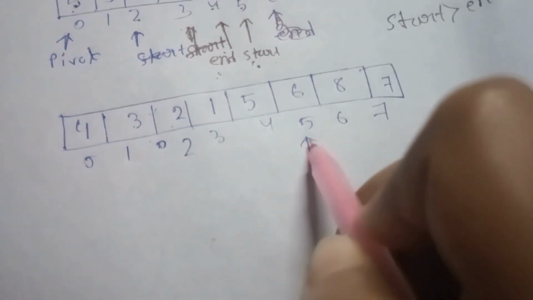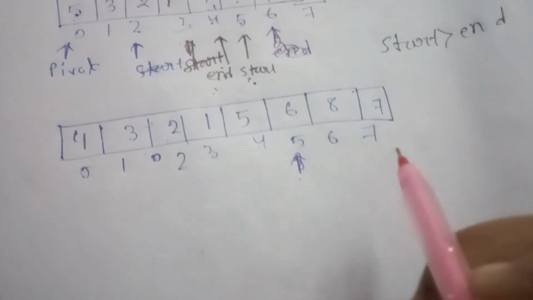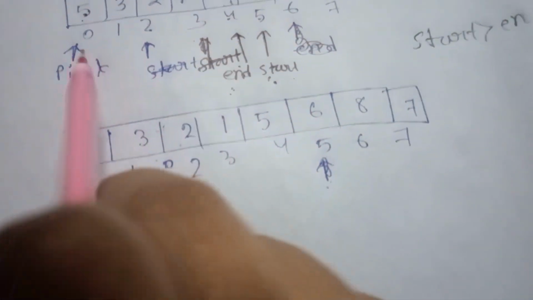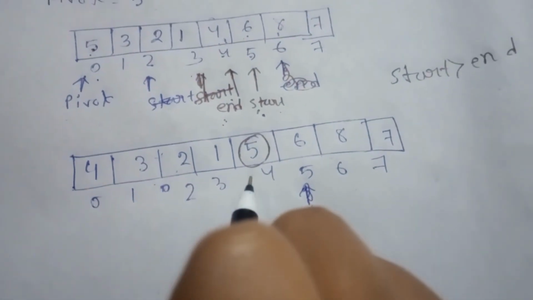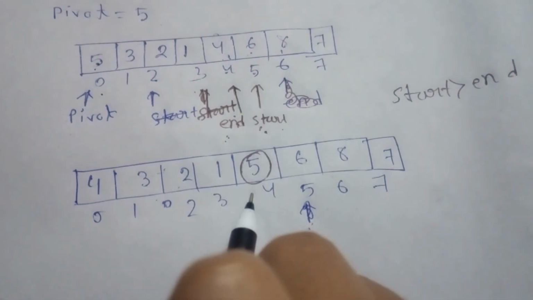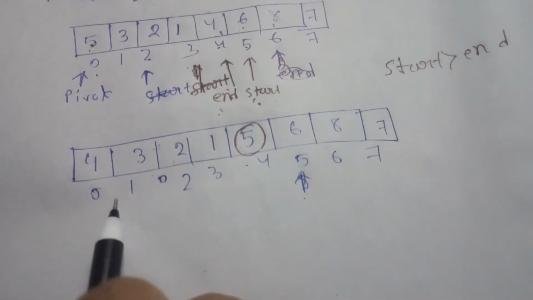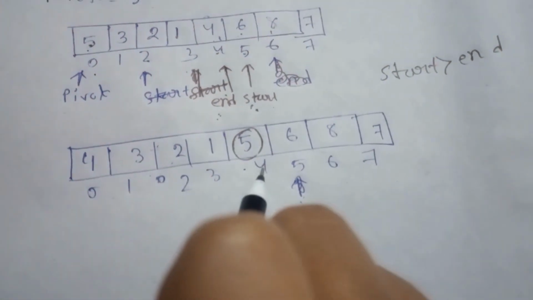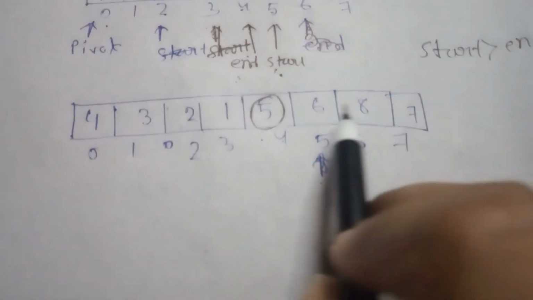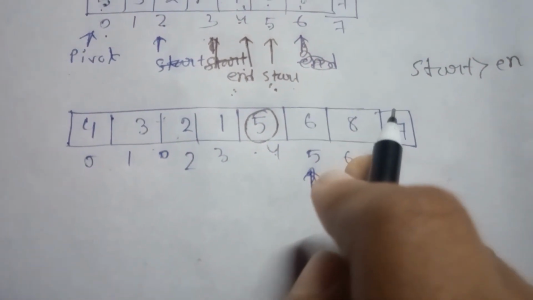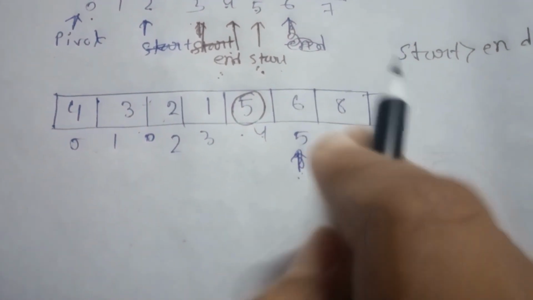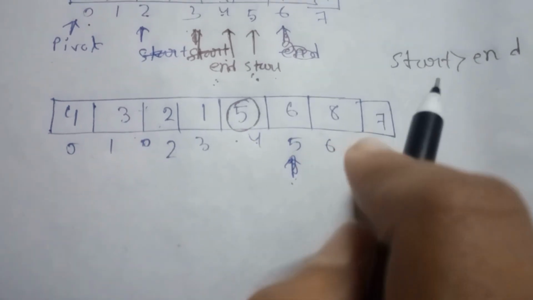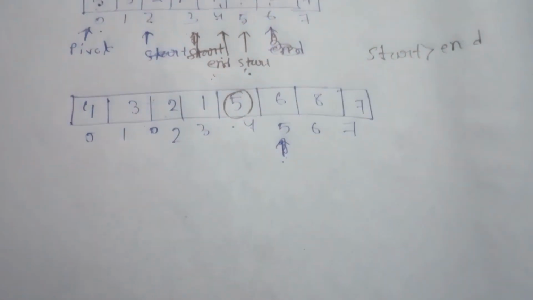So with pivot 5, we can see that the left side of this pivot element are less than, and the right side of the pivot element are greater than the pivot element.